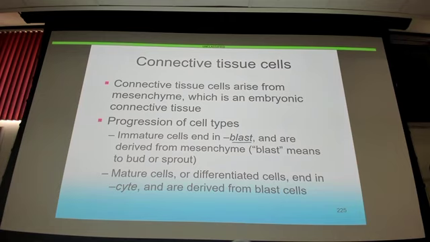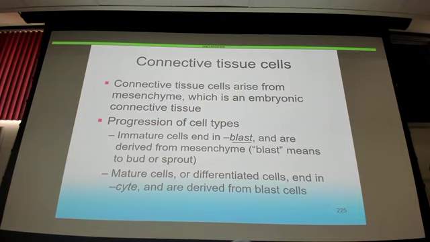So a blast is immature. Mature cells are differentiated cells. Like an osteoblast is an immature bone cell, but it also helps to make new bone, or remodel bone.